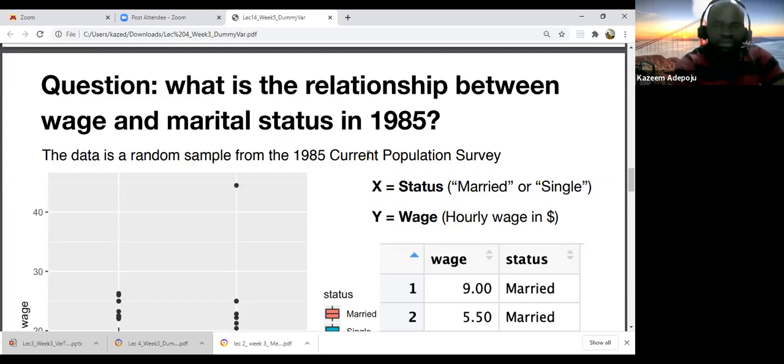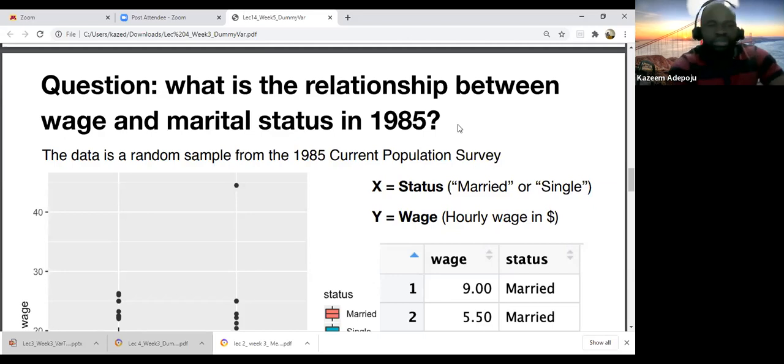Take a look at the question right here. What is the relationship between wage and marital status in 1985? Okay, the essence of this research is just to be able to figure out if being married or single actually determines the wages. So that's exactly what we want to see right here.